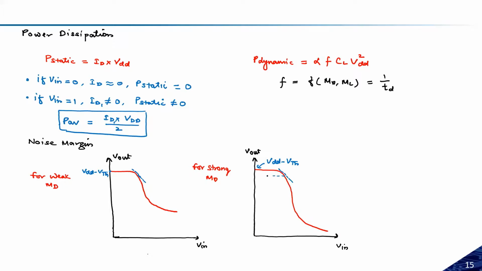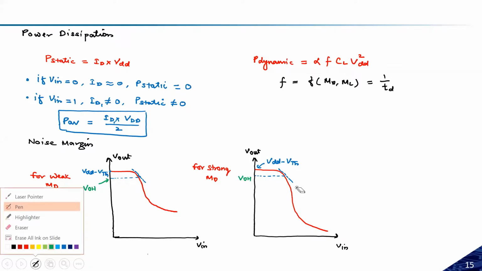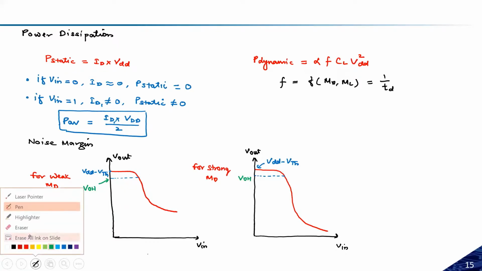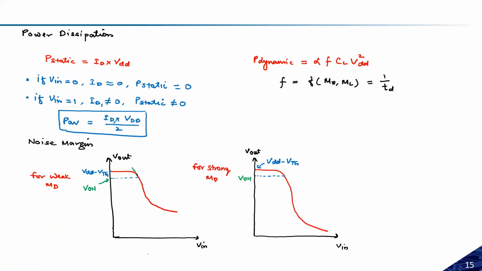So let us assume this is the -1 point, and this is also the -1 point. The -1 point indicates the value of VOH. Similarly, this is also the VOH. Let me make it perfect, because I cannot see the -1 slope from here. Just assume it is something like this.